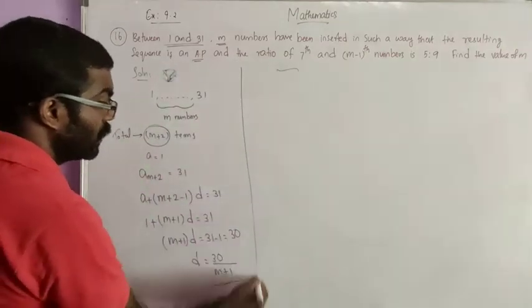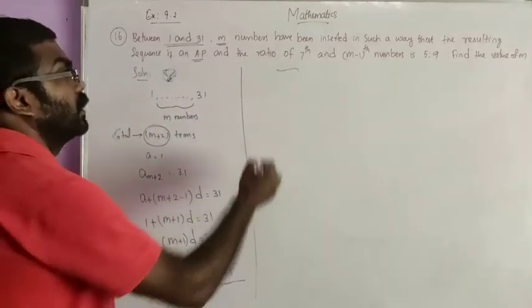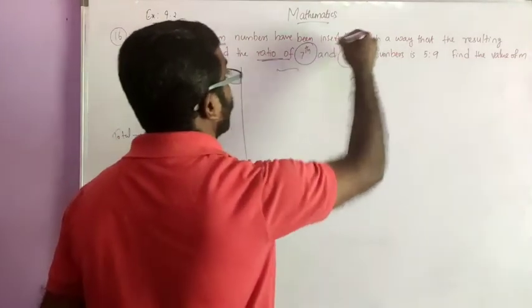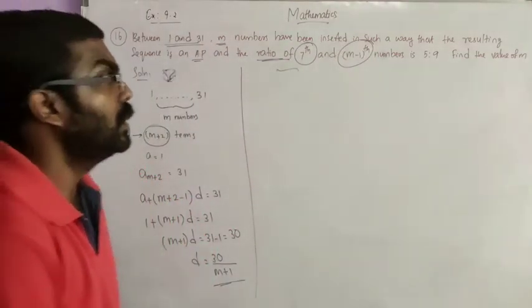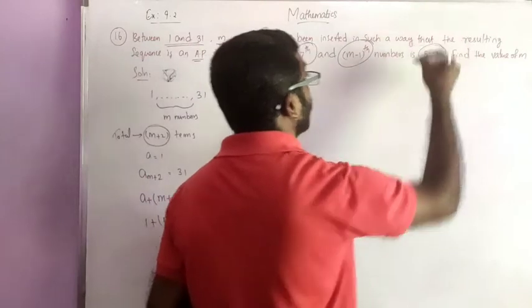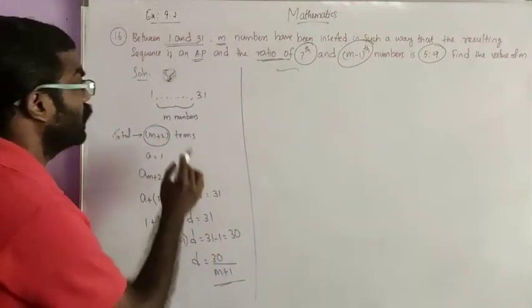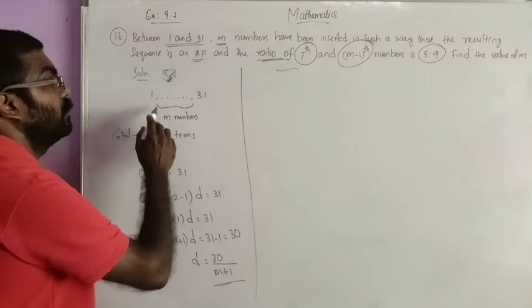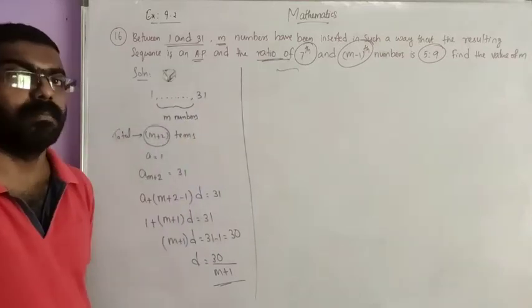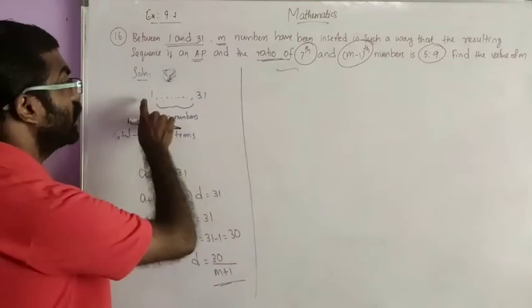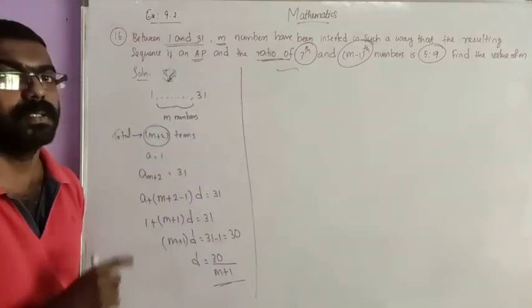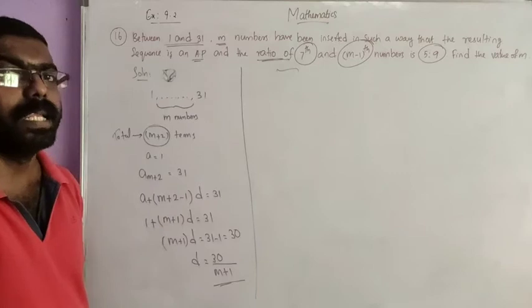Now we can consider the second part. The ratio of the 7th and m minus 1th numbers is 5:9. So here the 7th number will be the 8th term. After the number 1 we insert m numbers. So we start with the first term as 1, then the 7th number is at 7 plus 1, the 8th position.